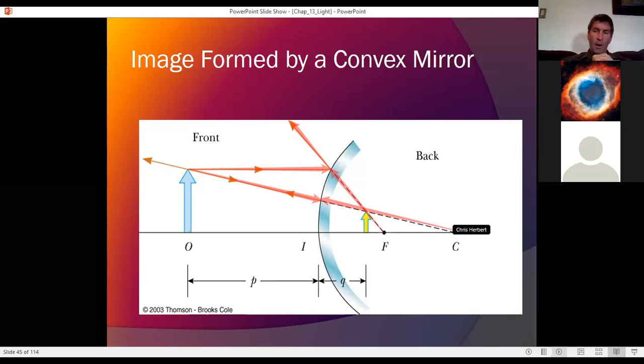All right, so both of these rays, I know this is a little complicated and I apologize, but both of these rays are coming from the top of the arrow. In fact, I can come up with more rays that come from the top of the arrow. Like if I do one right here, this will reflect off at the same angle, and thus will appear to have come from the top right there.